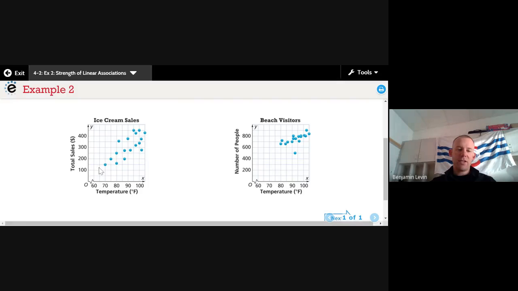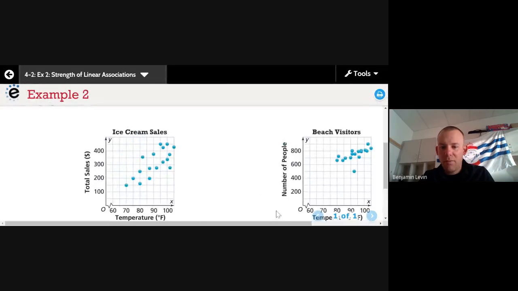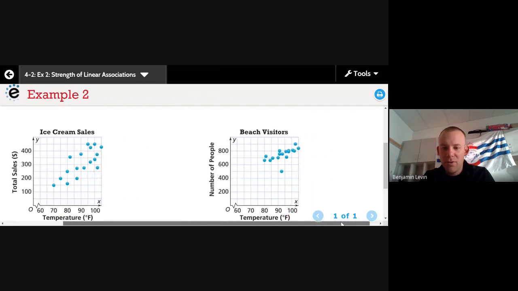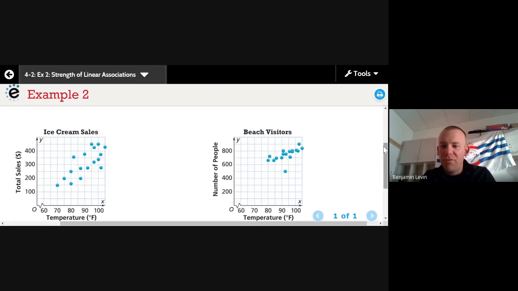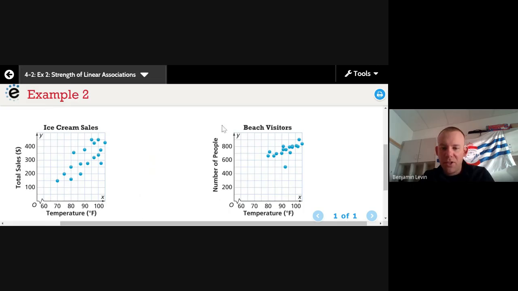Now let's look at this graph. I'll see if I can blow it up just a little bit more for you. This graph is beach visitors and temperature. As the temperature goes up, as you would expect, there are more beach visitors, right?